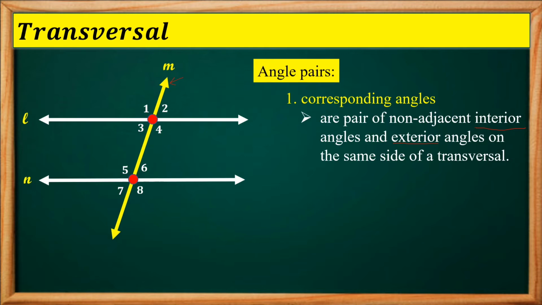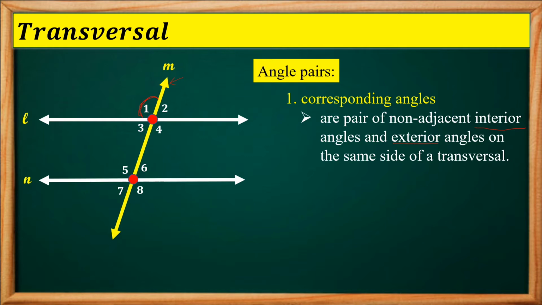Now, kapag sinabi natin angle 1, example. The corresponding angle of angle 1, is it angle 3? No. Remember, they are non-adjacent. Ibig sabihin, hindi pwede si angle 3. Ang natitira na lang sa same side, kasi nga, same side tayo, di ba, 5 and 7.